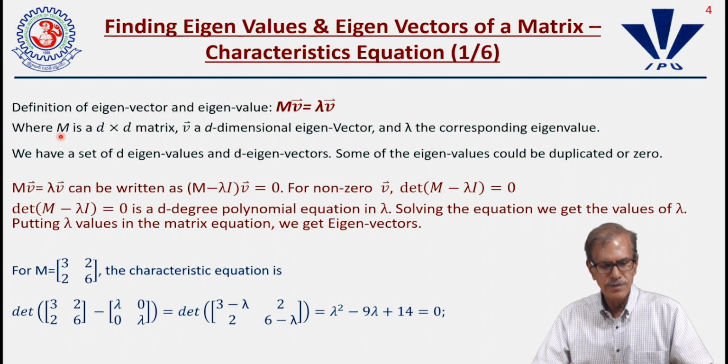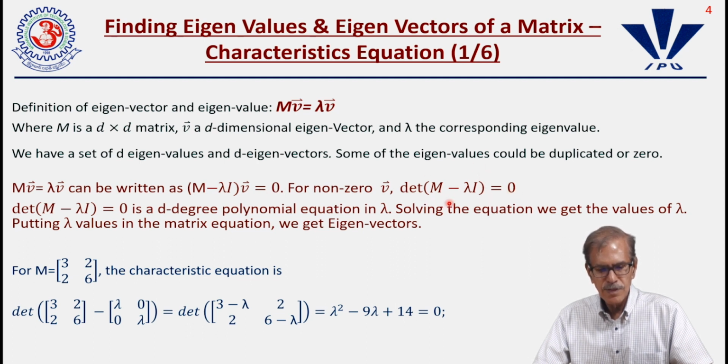As I just mentioned, M is a square matrix of dimension D into D. If this equation is valid, then bringing the right hand side to the left hand side, we can write M minus lambda I times V equal to 0. And when the eigenvector is non-zero, then we can write that determinant of M minus lambda I equal to 0.